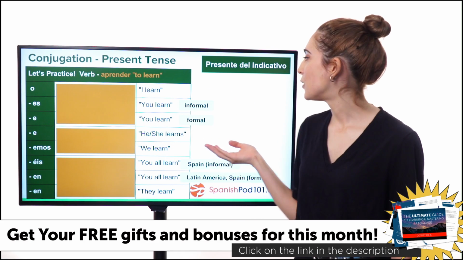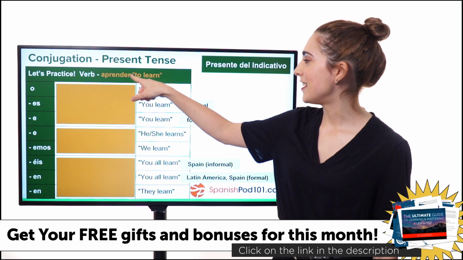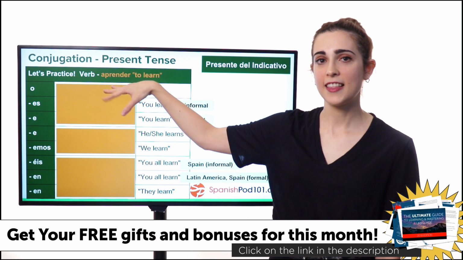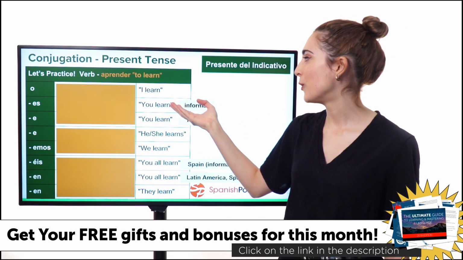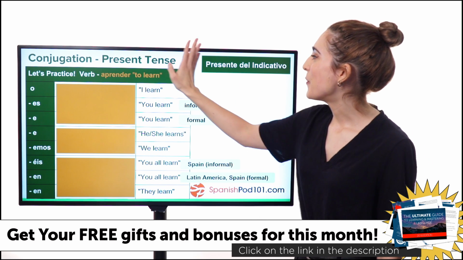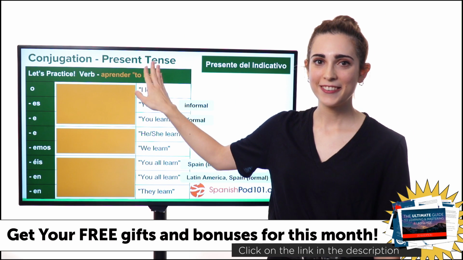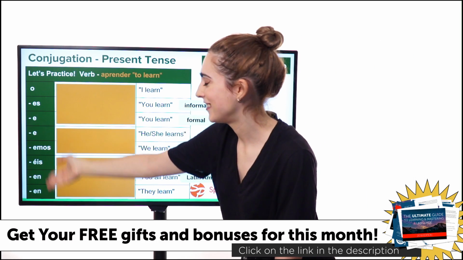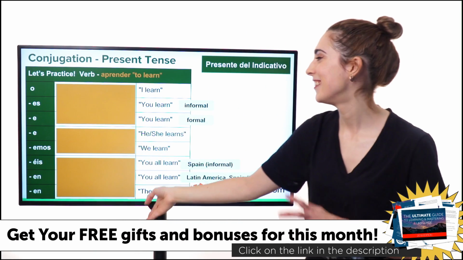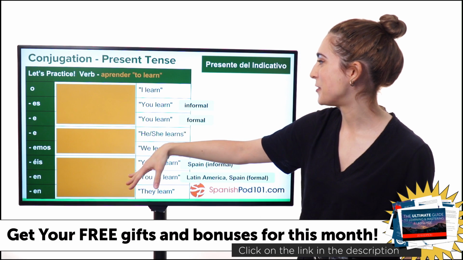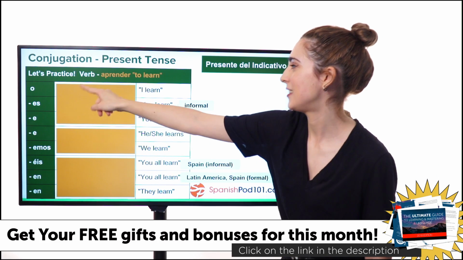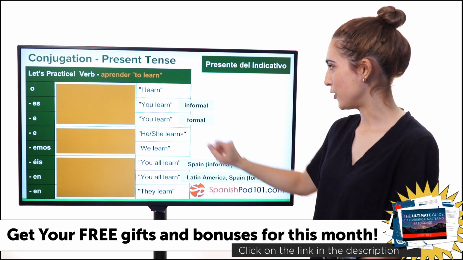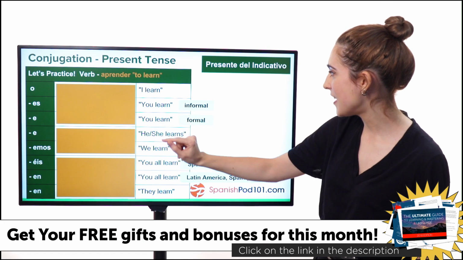First we see that it ends in ER. So what we do first, like we said, we take out the ER, aprend. And we have here what we need to add to each person. So it's just a matter of joining those two, the stem and the endings.